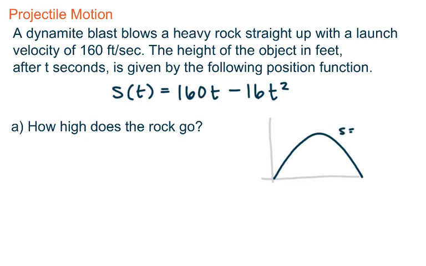We'd find that S is equal to this function of t here, 160t minus 16t squared. That's what I plugged into my y equals, measuring time on the x-axis and position on the y-axis. So very easily we can see how high does the rock go. That's going to be this maximum, right? That's my maximum height. S represents height.